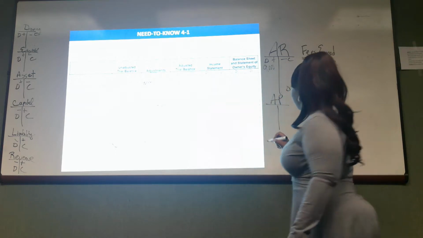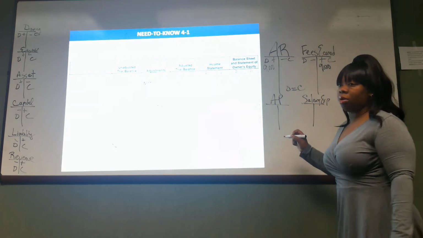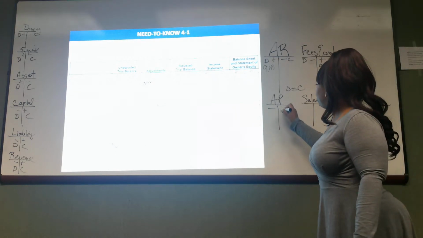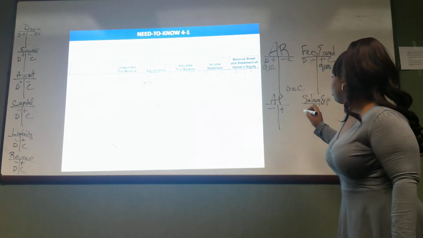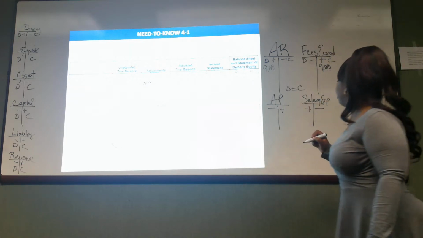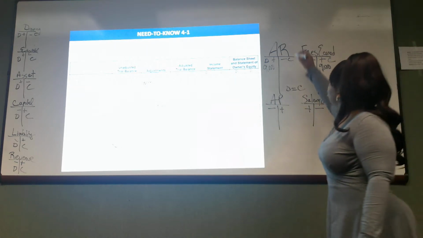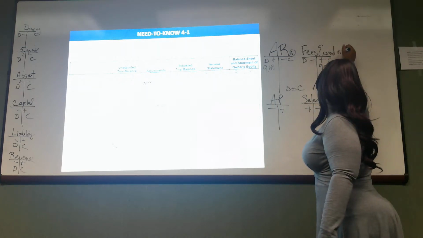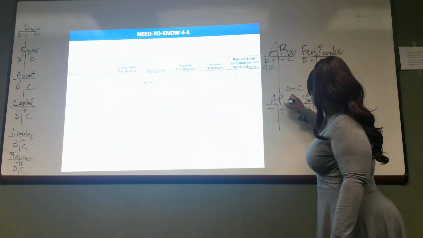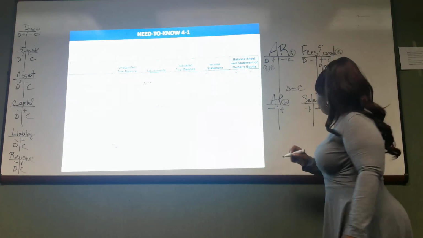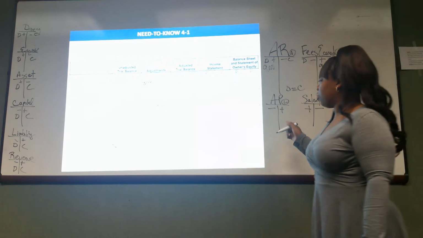Alright, so AP is what type of account? Liability, so it's minus plus. Salary expense is what type of account? Expense, so it is plus minus. Alright, so our AP balance goes up or down?